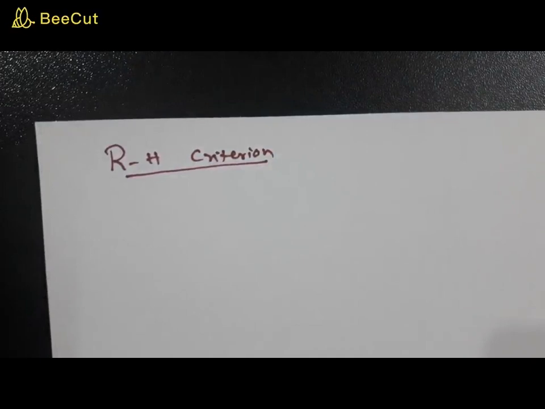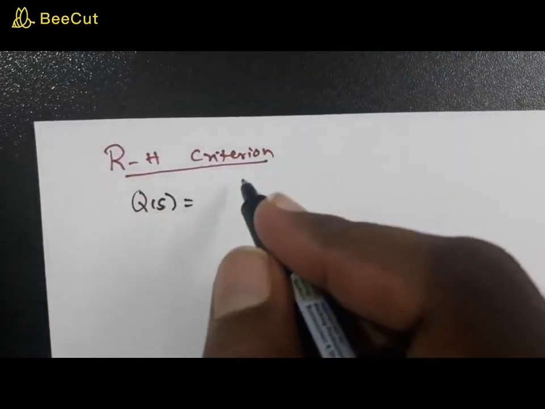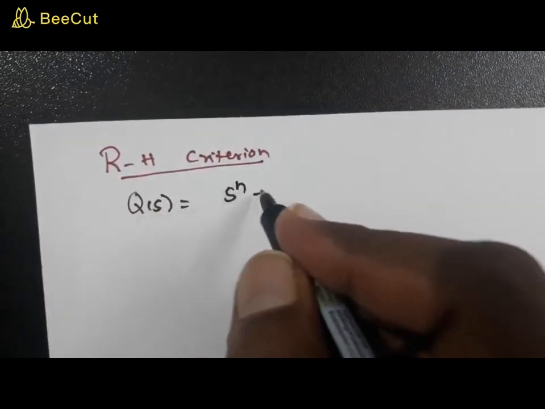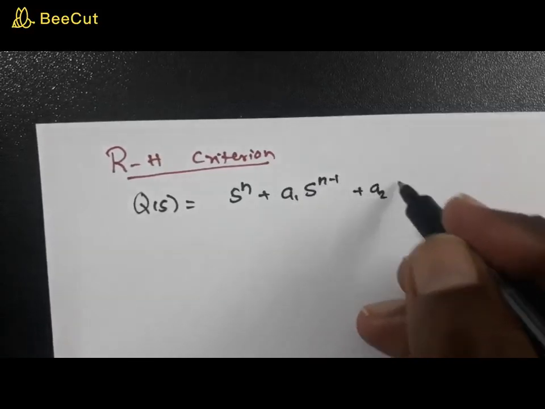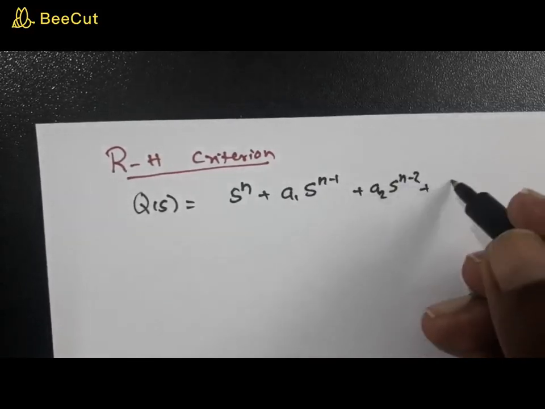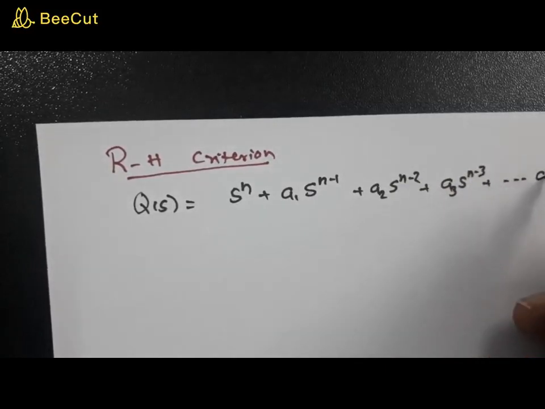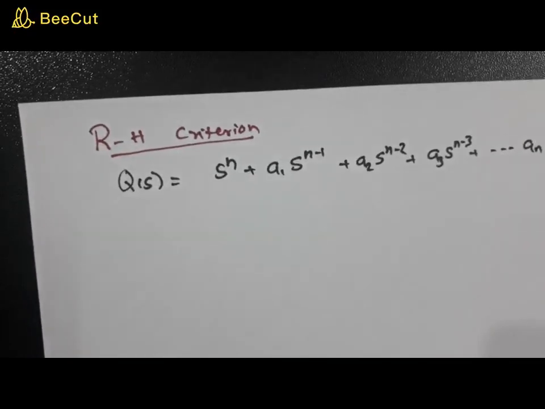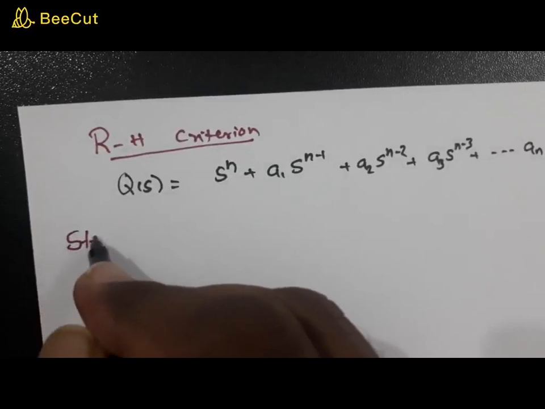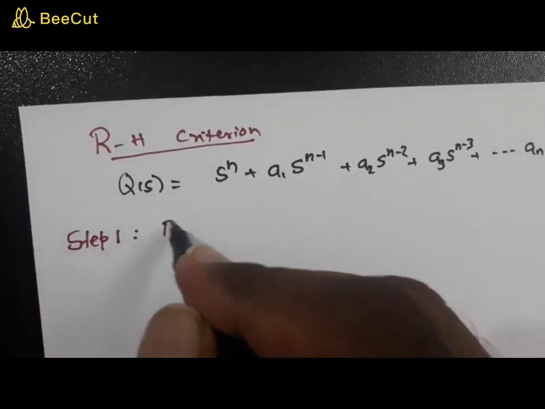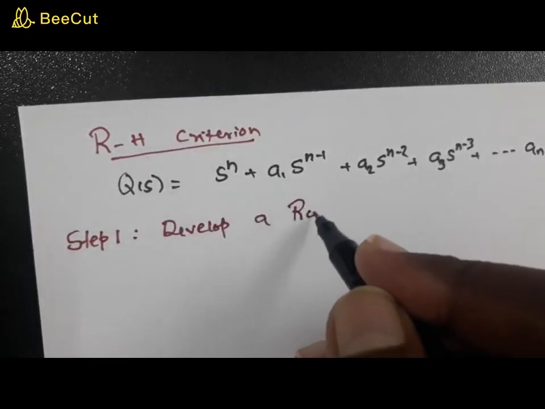For this RH criterion, again I am considering this q of s to be the general equation, that is s raised to n plus a1 into s raised to n minus 1 plus a2 into s raised to n minus 2 plus a3 into s raised to n minus 3, etc., up to an. Now what must be step 1? Step 1 is to develop a Routh array.